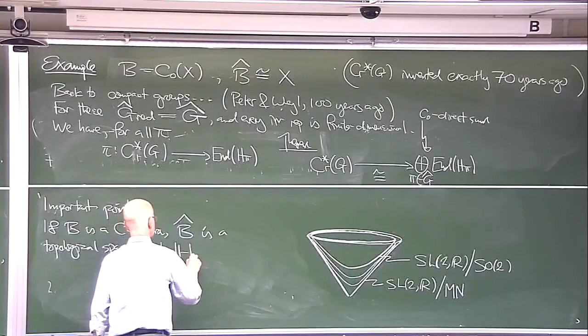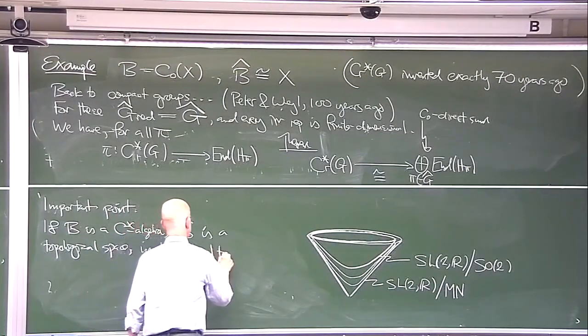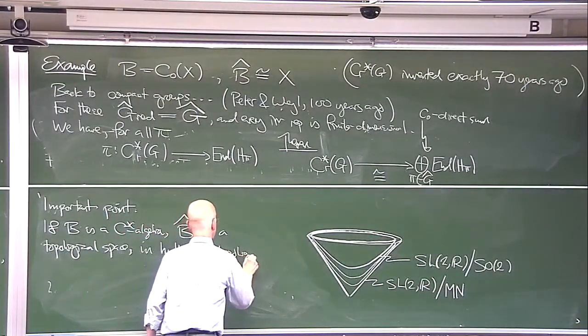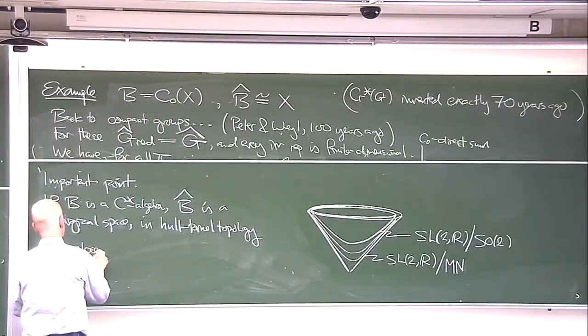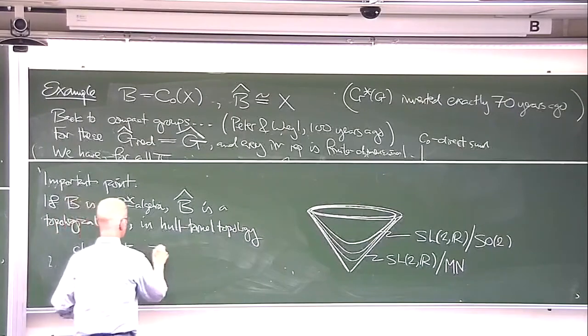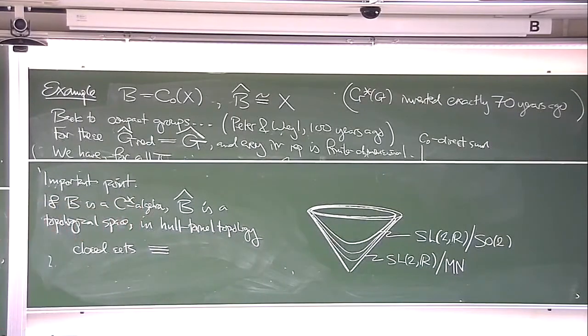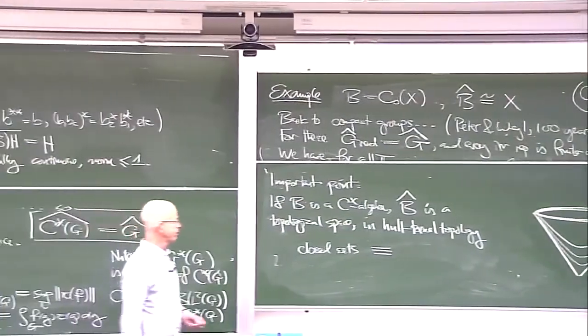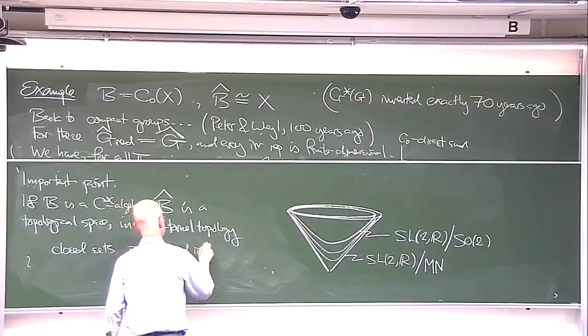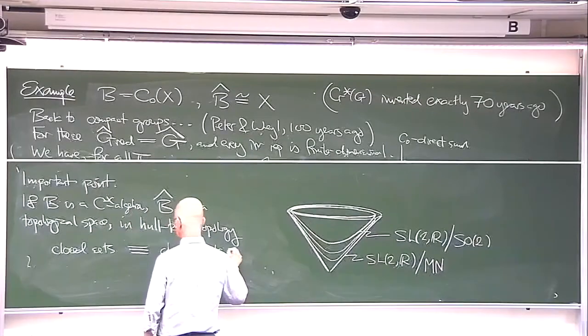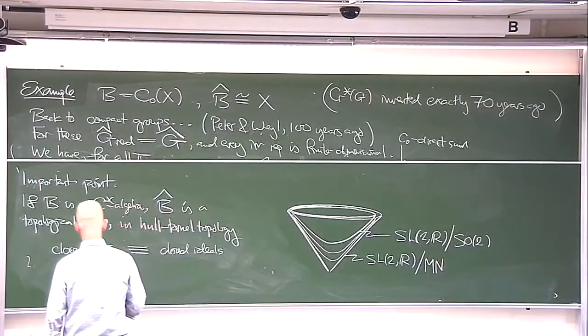It's called the hull-kernel topology. And in this topology, the closed sets of irreducible representations correspond exactly to closed two-sided ideals. And the correspondence goes like this.